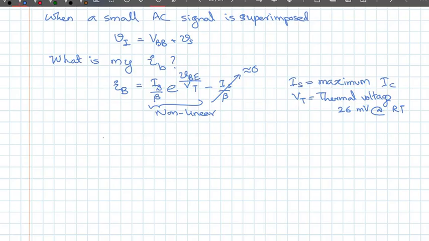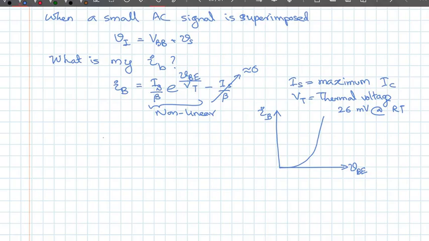Okay, so now what this tells me is something like this relationship between VBE and IB. This looks like something like that. Something like this. It's an exponential curve.